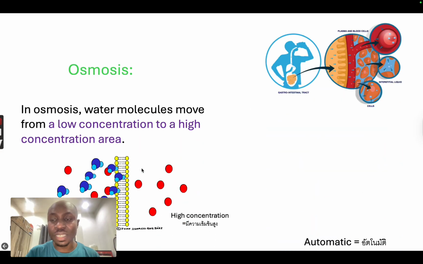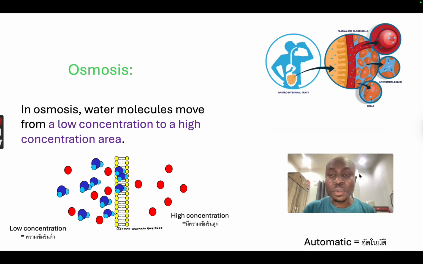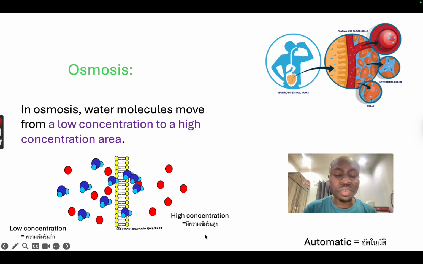So let's go to the question. Before we talk about how animals control water and salt or ions, let's talk about this process, osmosis. In osmosis, water molecules move from an area of low concentration to an area of high concentration.